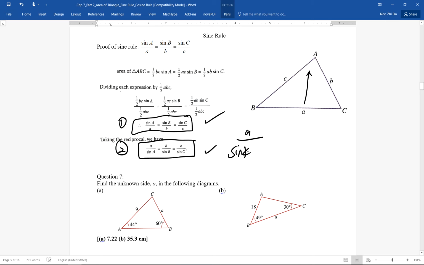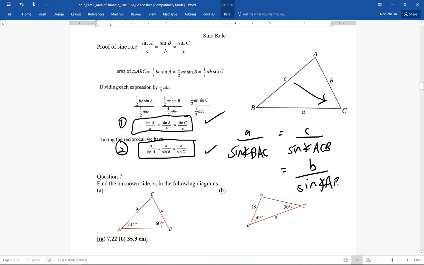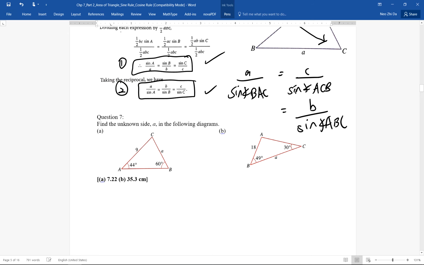So it's sine angle BAC. This ratio is going to be the same as, maybe today I say angle C. So C, if I use C, then the angle directly opposite will be this angle. So C over sine angle ACB. And vice versa, B over sine ABC.